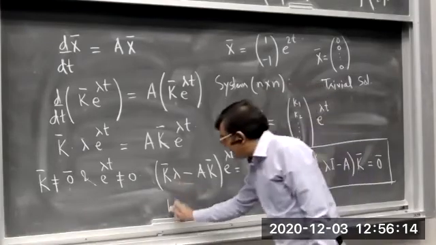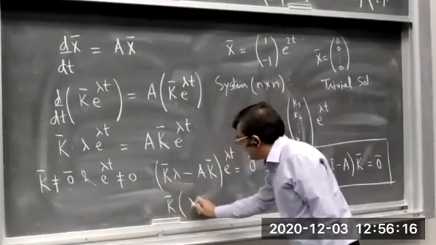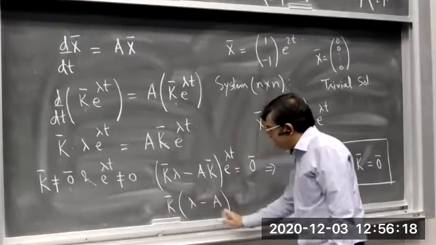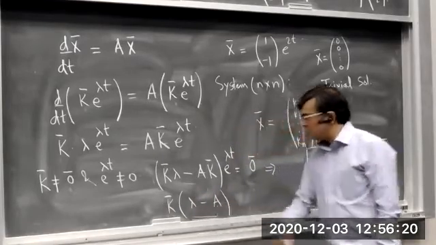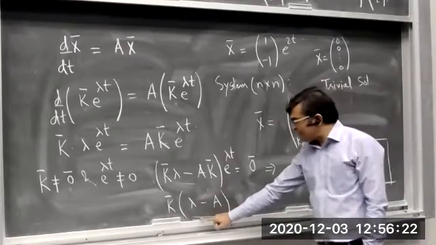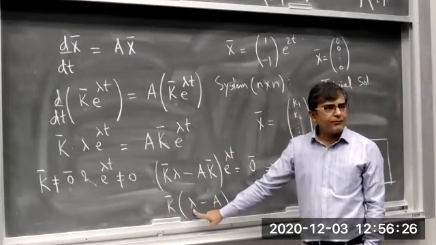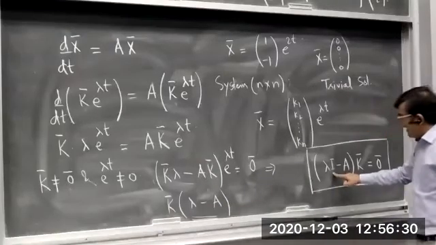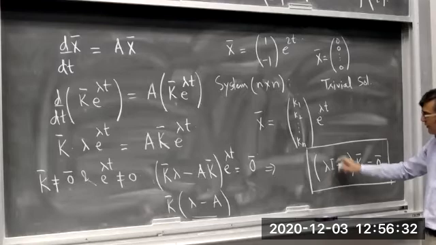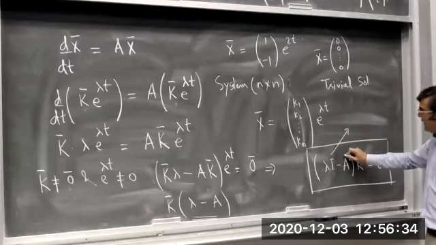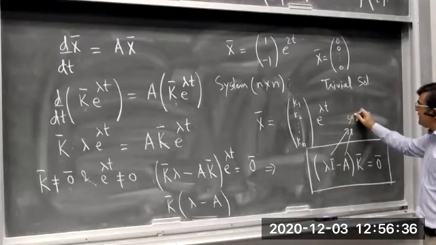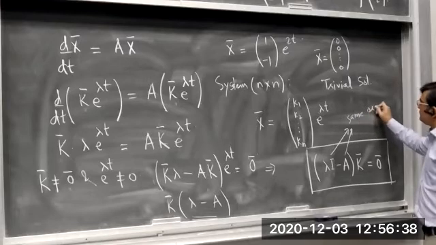If we write lambda minus A, then mathematically this expression is wrong, because we cannot subtract a matrix from a single constant entry. So we have to put an identity matrix of the same order here. The order of A and I must be the same.